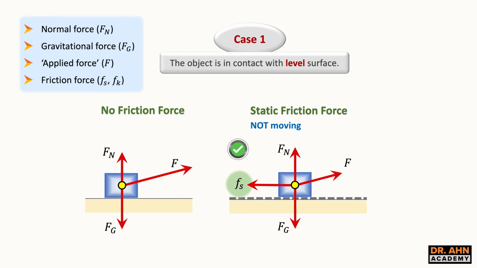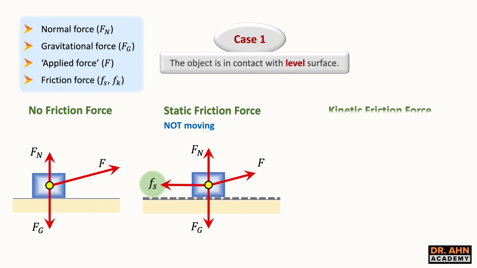So it's this way, opposite to the direction in which the object would have moved if there weren't this resisting force. By the way, friction force is always opposite to the direction in which the object is moving or trying to move. And this completes our free body diagram for this case.